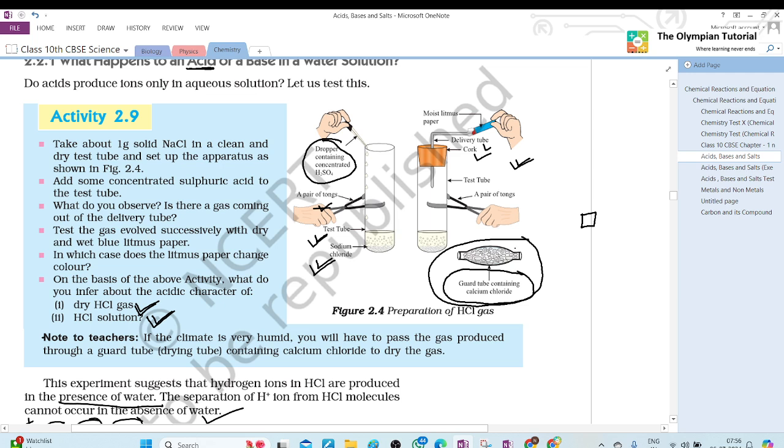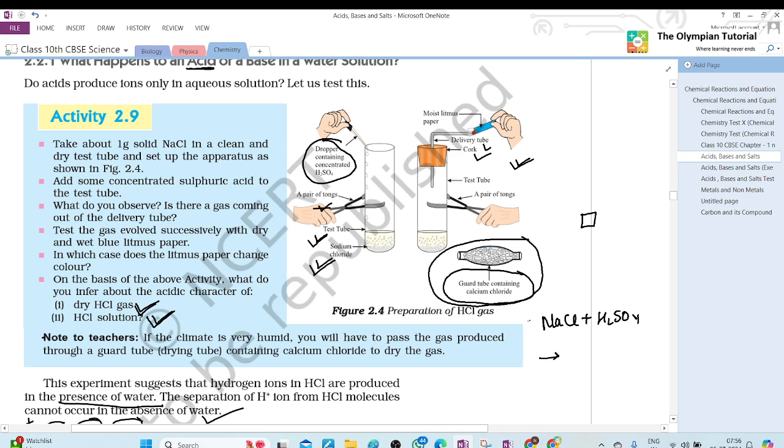Students, are you okay with it? Yes, ma'am. So this is the concept behind this activity. An acid reacts as an acid when it releases H plus ion. A base acts as a base when it releases hydroxide ion.